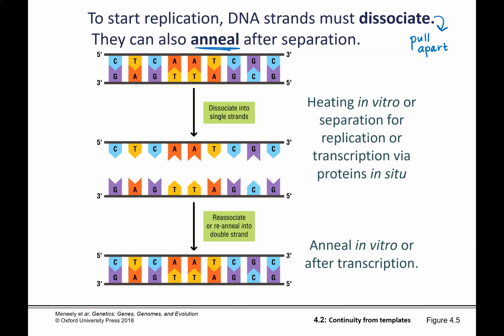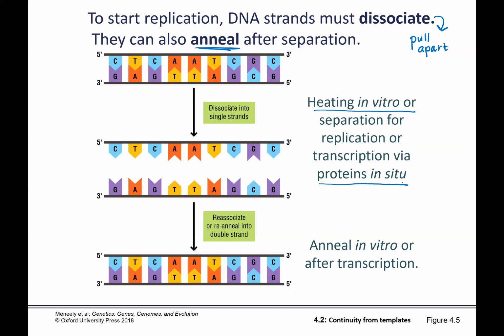But in order to dissociate a molecule, you can either heat it if you're in a laboratory, in order to cause it to pull apart. That heat will interrupt the hydrogen bonds in between. And you might do this for PCR, sequencing, those types of things. If you are in a cell actually performing DNA replication, you are going to use proteins.